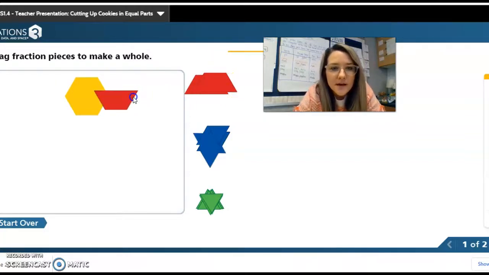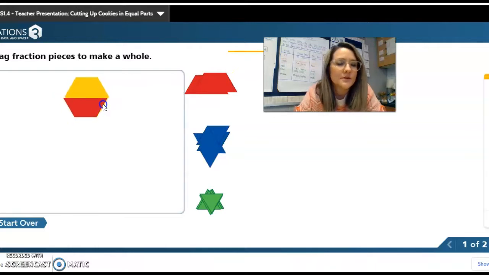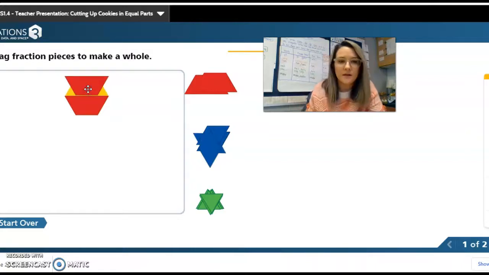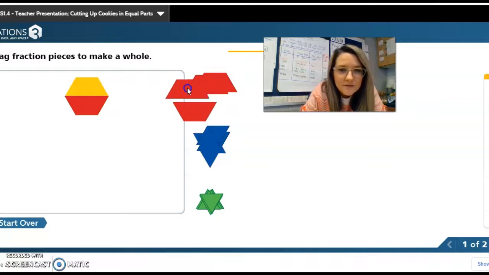Okay, so if I move this trapezoid here onto our hexagon, I have 1, 2. That completely covers the hexagon, and we know that sometimes technology isn't perfect, like it just flipped that trapezoid upside down here. Let's see if it'll stay. Well, there we go. We can turn it. All right.